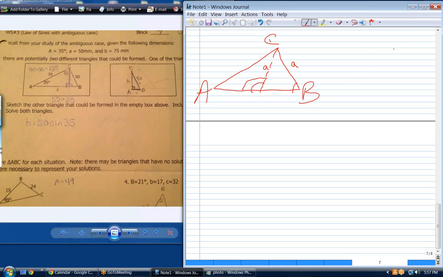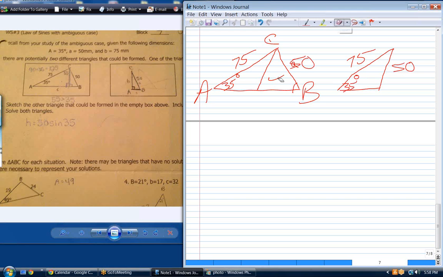So the second triangle would be like that. But the way I always think of it is, can you take this side here and draw it like that, making an isosceles triangle? If you can, then you have two possible triangles, because this side didn't change. In other words, that's 75, this is 35 degrees. Well, this is 75, and this is 50. Well, this is still 50, and that's still 35 degrees.